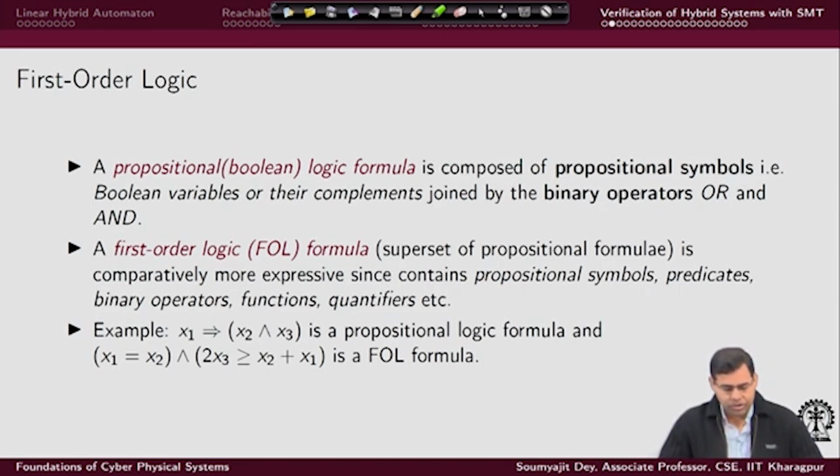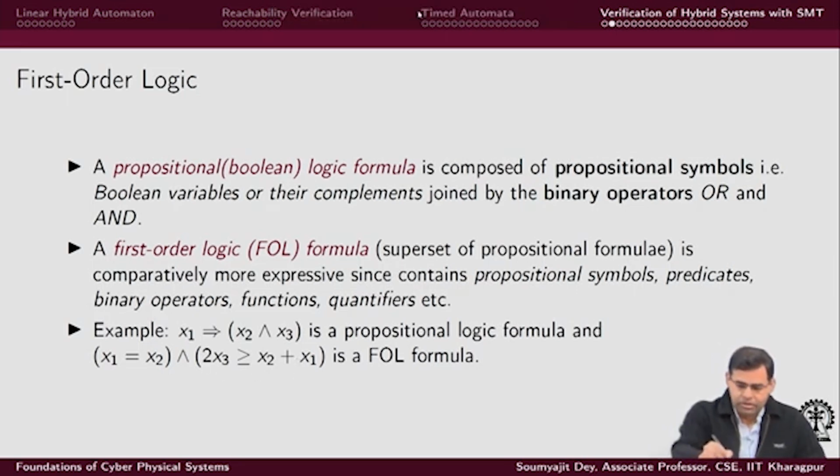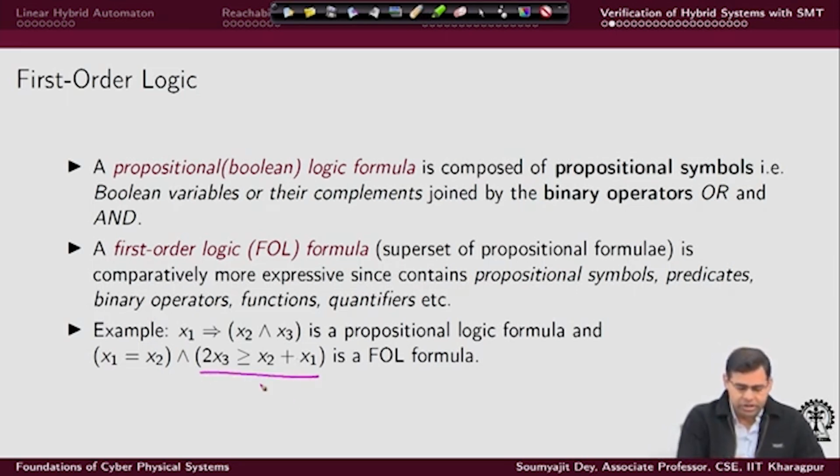quantifications over certain variables. So, you can have quantifications like, there exists some value of some variable x1 for which the following holds, something like that. Another important thing that you can see here is we are using linear relations. For example, when I am connecting like this, I am using a linear relation here.